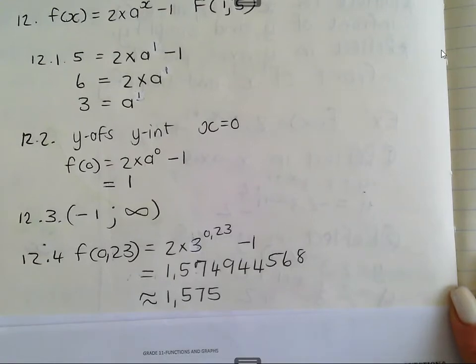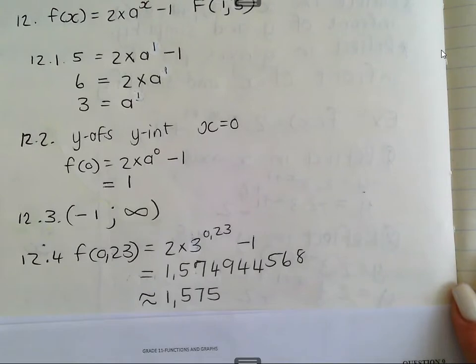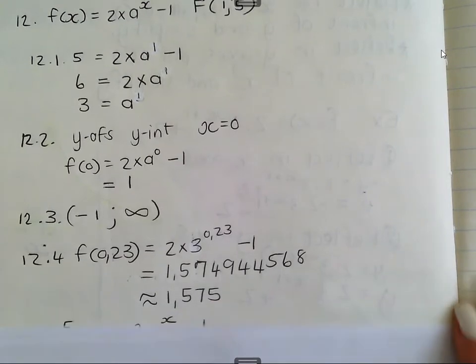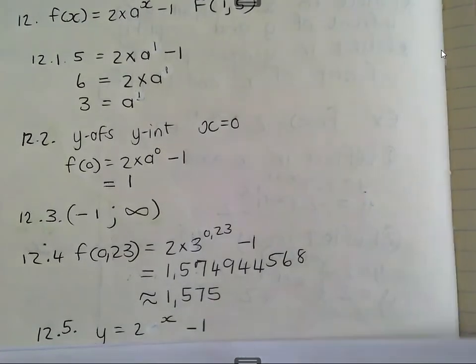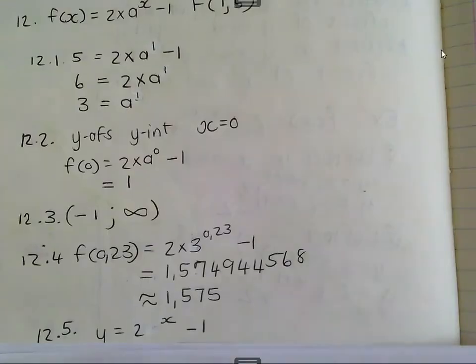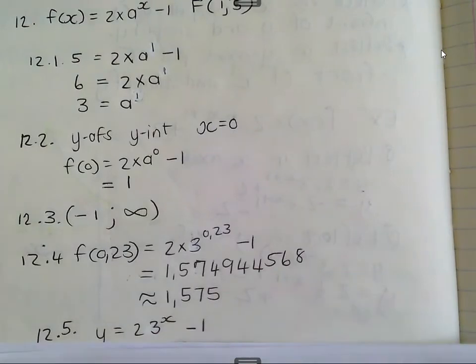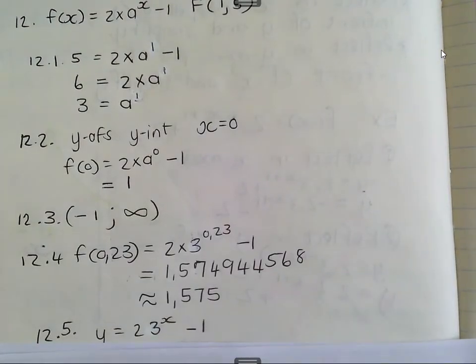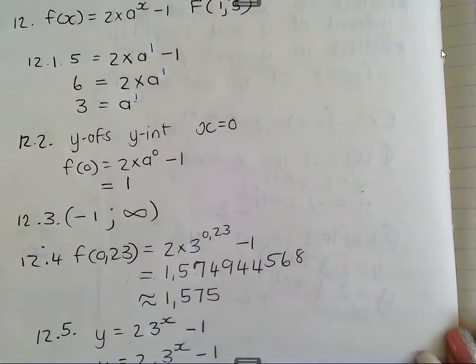Write down the equation if f is reflected about the x-axis followed by a translation of 2 units to the left. So I did it algebraically because we did the reflections last week. With the reflection in the x-axis, we put a negative in front of the y.